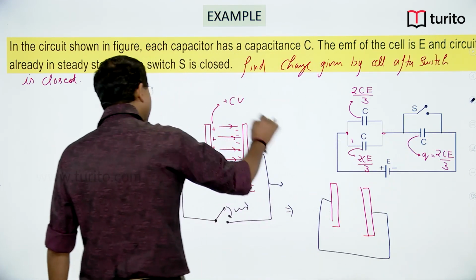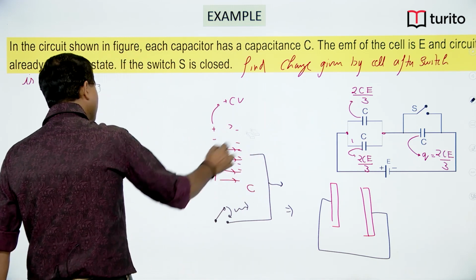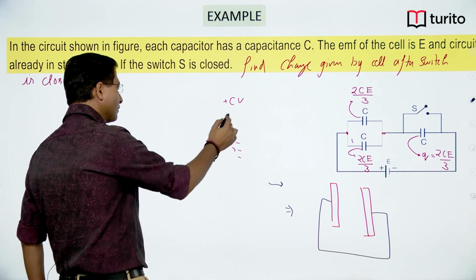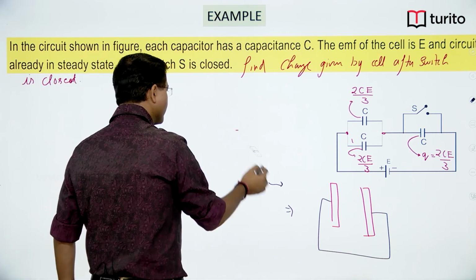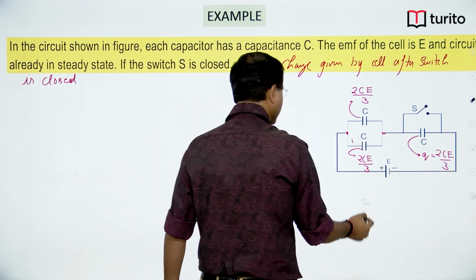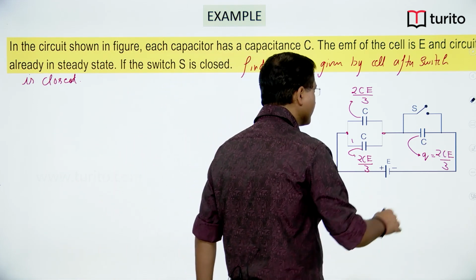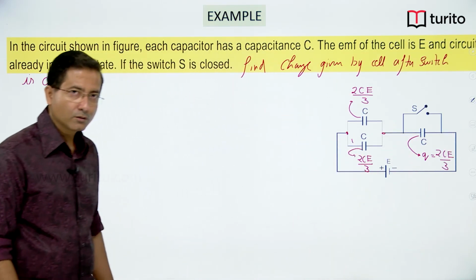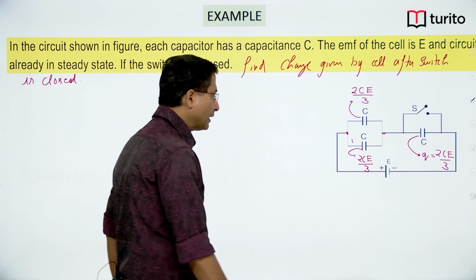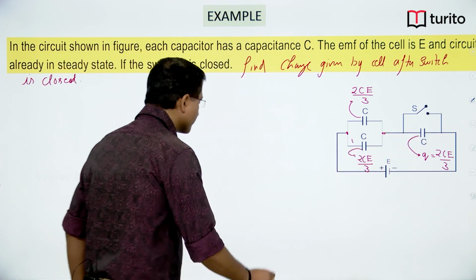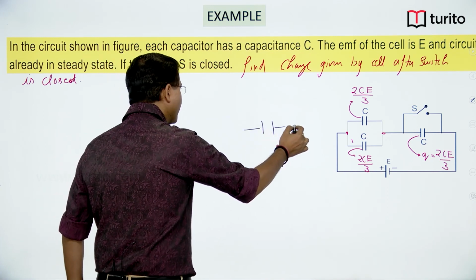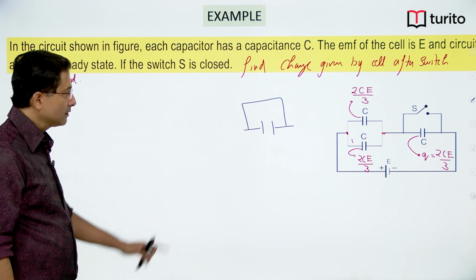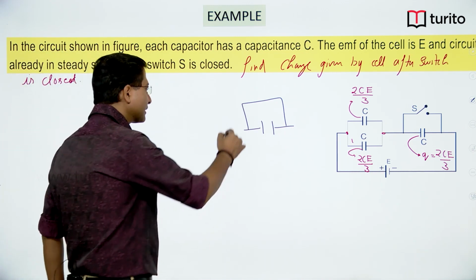So this concept is clear, and I am going to use that concept in the circuit. Now, I am going to close the switch. As soon as I close the switch, this capacitor is connected by conducting wire.